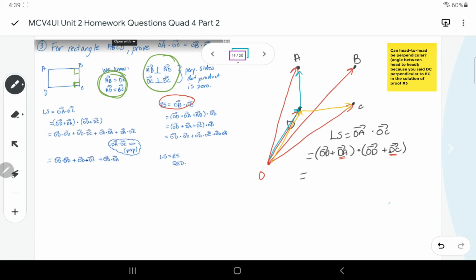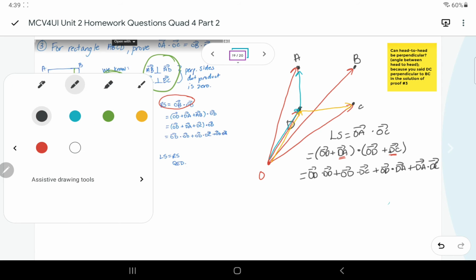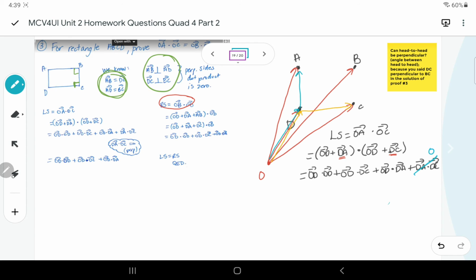So then when I distribute this, I get OD dot OD plus OD dot DC plus OD dot DA plus DA dot DC. And I know that DA and DC are perpendicular, so their dot product will be 0.